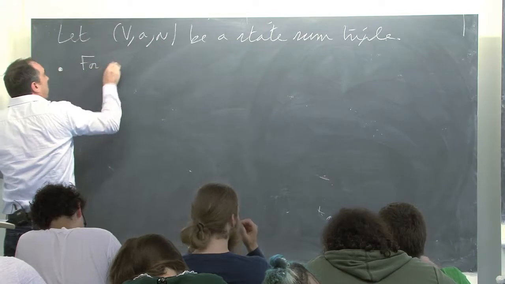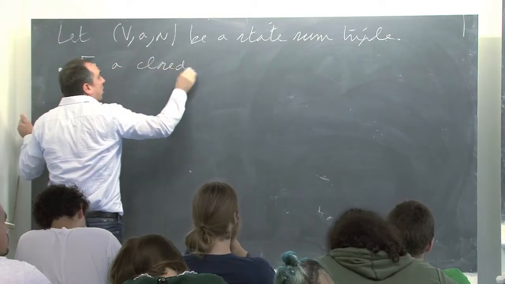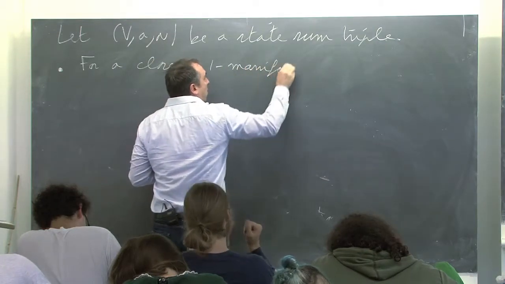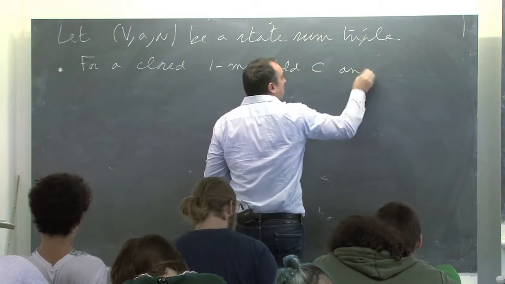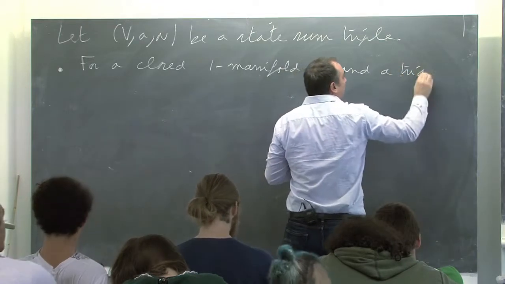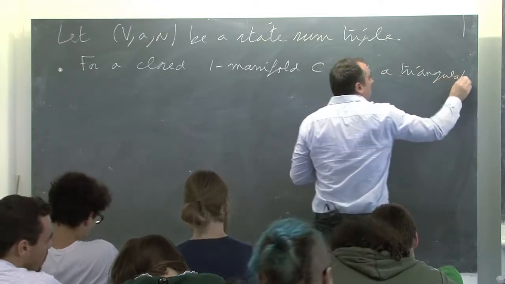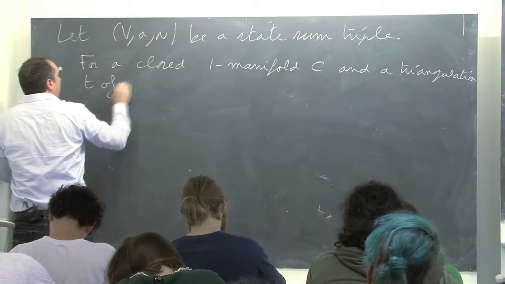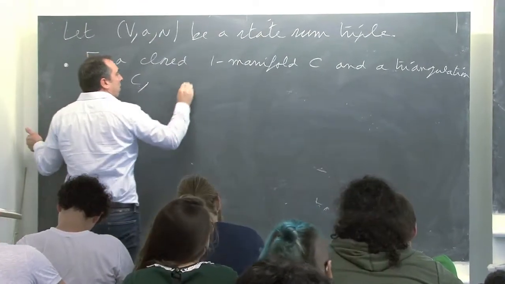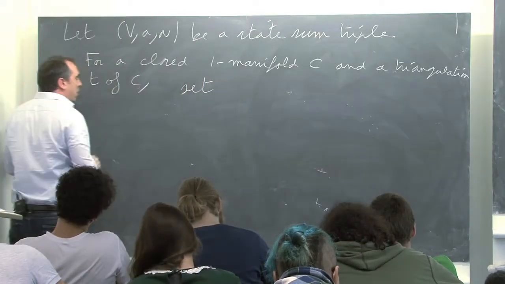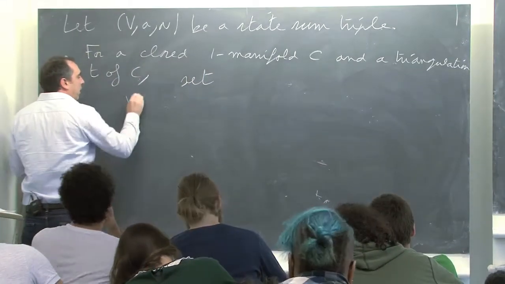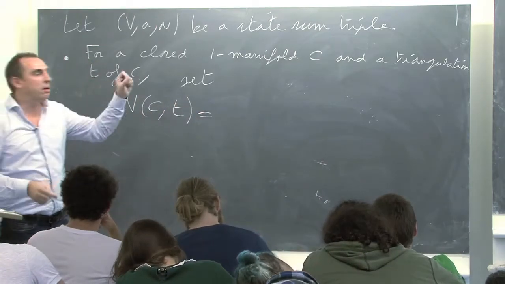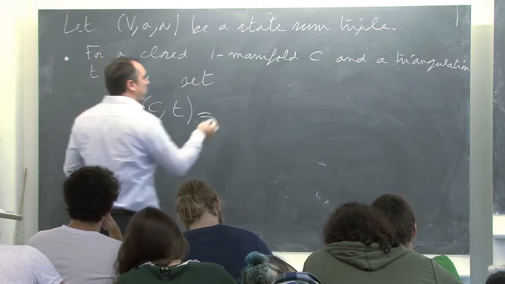If we have a closed one manifold C and a triangulation T of C, we define this vector space. You assign V to each edge.